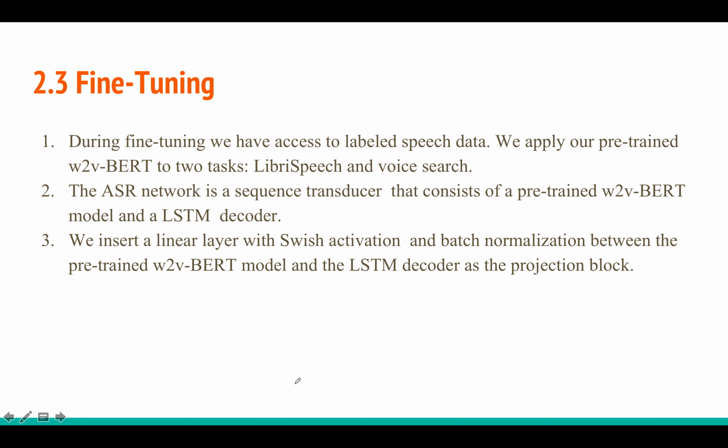And coming to the fine tuning, in the case of wav2vec, the way they did the fine tuning was just by adding a CTC layer on top of the context network, right?